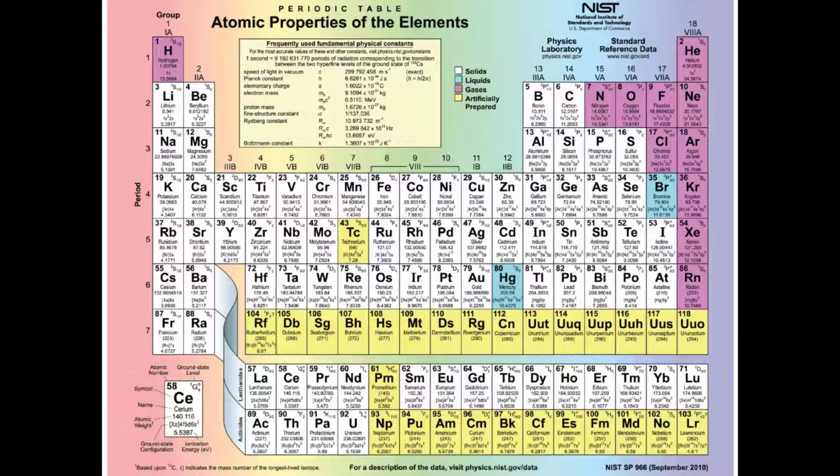Therefore, carbon-13 has 7 neutrons and carbon-14 has 8 neutrons. The different isotopes of an element can also be indicated with the mass number hyphenated, for example, carbon-12 instead of 12C. And hydrogen has 3 common isotopes.